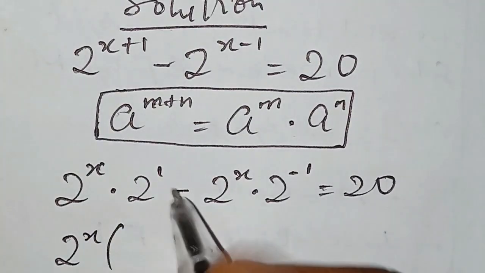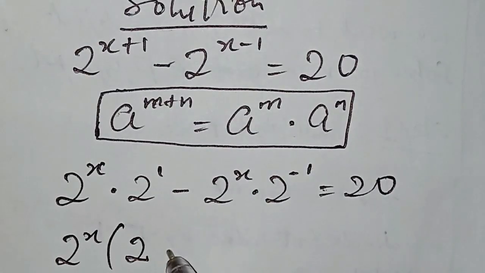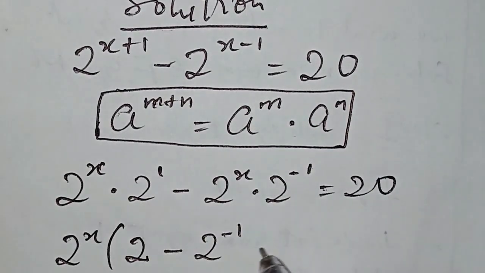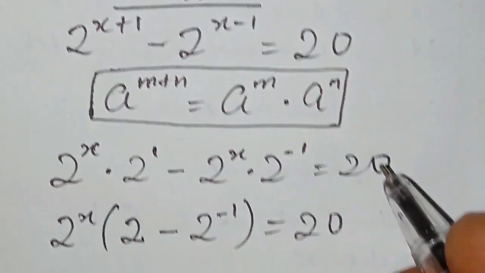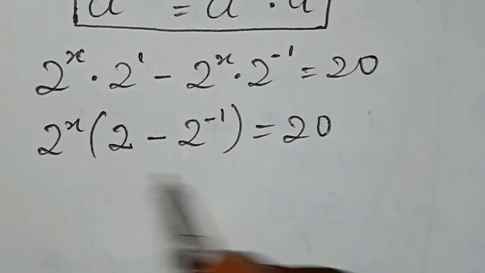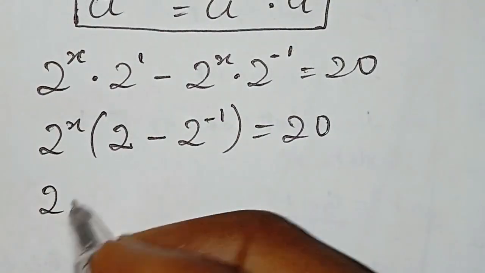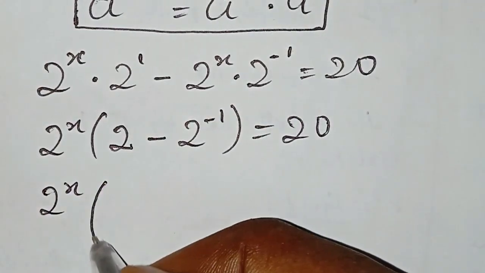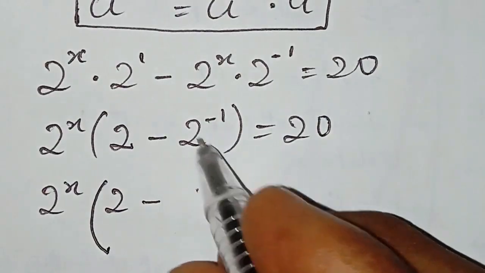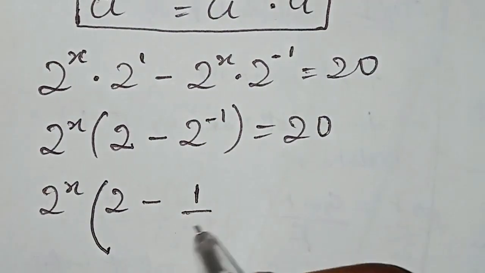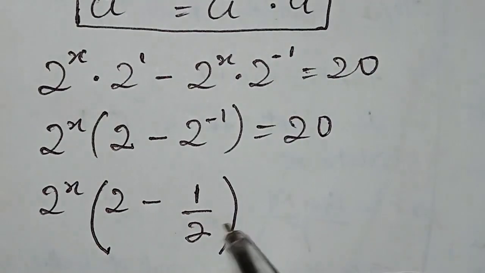So 2 raised to power 1 equals to 2 minus 2 raised to power minus 1. Close the bracket, equal to 20. So the next thing we need to do is to put this in this form: 2 raised to power x bracket 2 minus, so this go to 1 over 2, considering another rule of exponents.